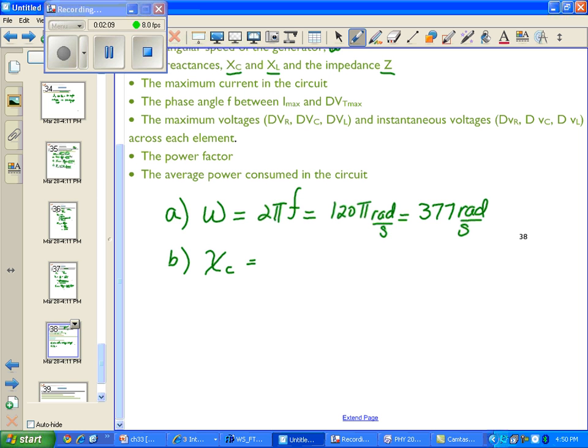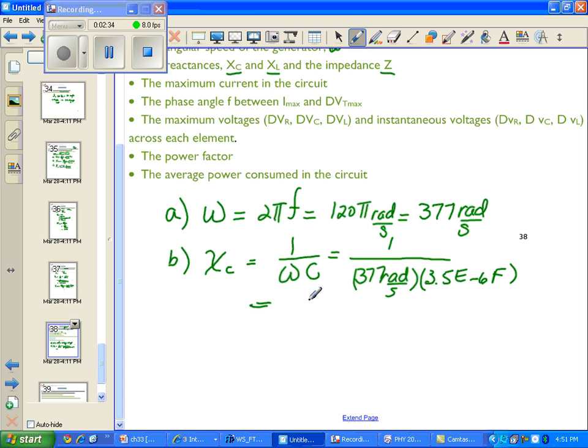X sub c is 1 over omega times c, and since we have our value for omega, let's plug in 1 divided by 377 radians per second, multiply that by c, 3.5 e to the minus 6 farad, and that gives us an X sub c value equal to 758 ohms.